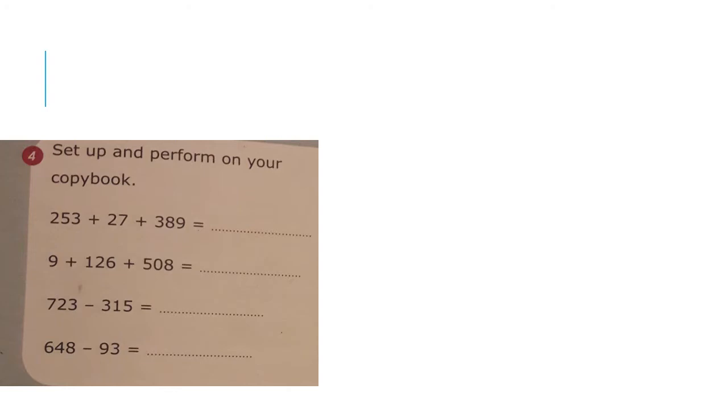In the number 4, you have to set up and perform on your copybook. I have here an addition with regrouping of 3 numbers: 253 plus 27 plus 389. Like before, I just set up 253 plus 27 plus 389. I put the ones under the ones, the tens under the tens, and the hundreds under the hundreds. 3 plus 7, 10. 10 plus 9, 19.